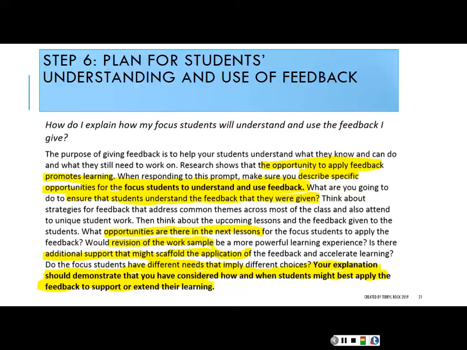One of the things that you have to do after, and this is just something to be mulling around about right now: once you've given feedback to students, how do you make sure they understand the feedback and use it? Let me tell you, I've been teaching at the college level for six years now. One of the biggest surprises to me was how I could give detailed feedback to college students, graduate students, and they wouldn't read it.